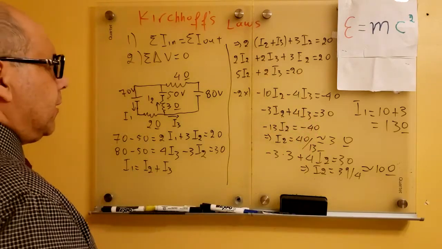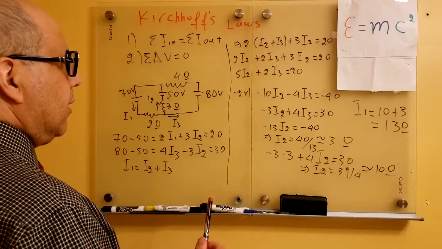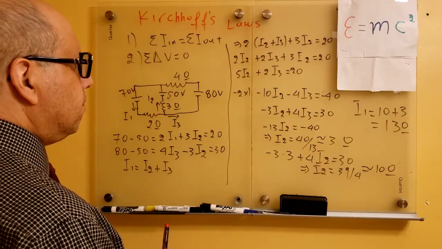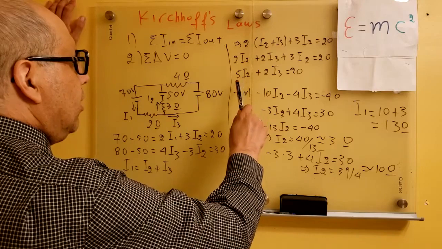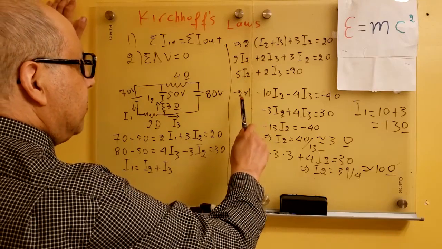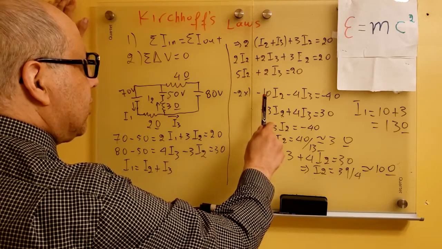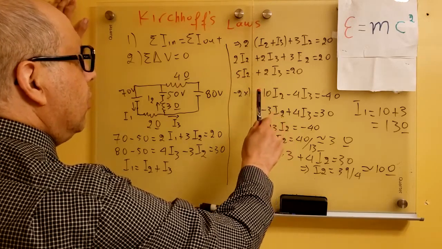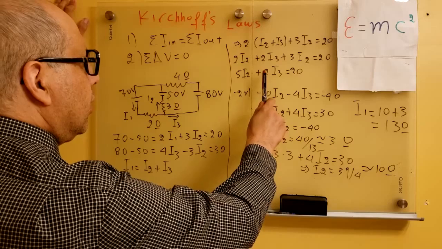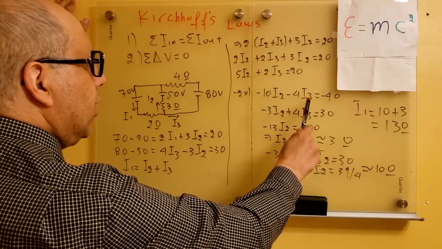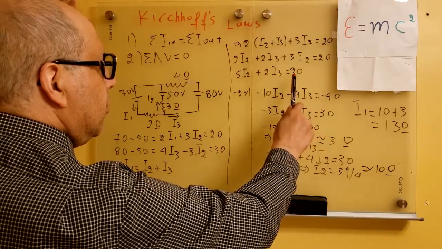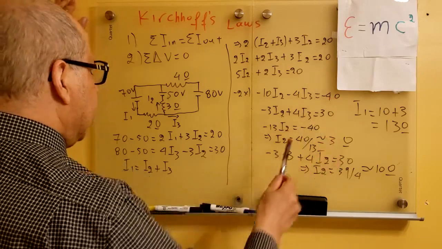Now I take this equation here and I multiply it by negative 2, so that will be minus 2 times 5 is minus 10I2, minus 2 times 2 is minus 4I3, is equal with minus 2 times 20 is minus 40.